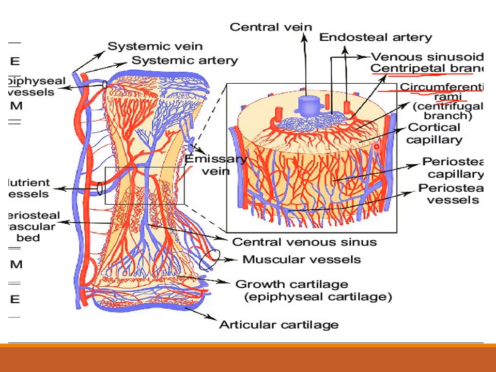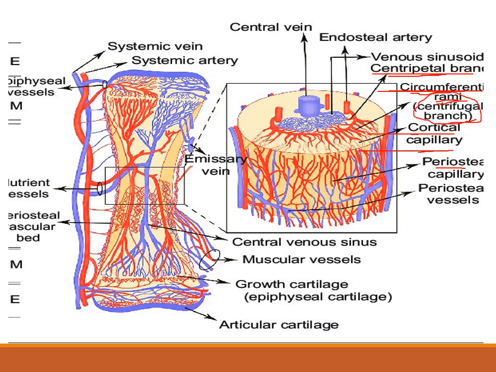Then they further give the cortical branches, which run towards the cortex of the bone, moving peripherally, and then anastomose with the periosteal blood vessels.